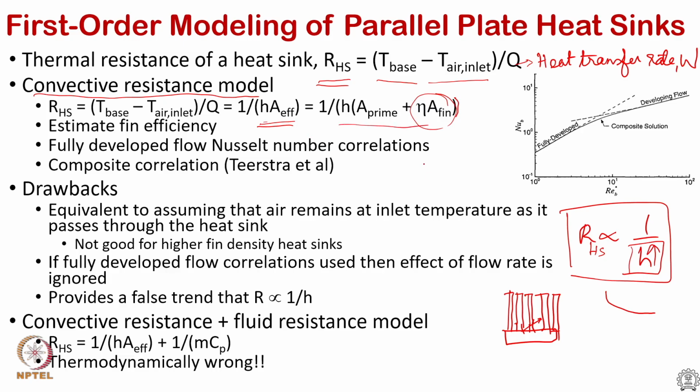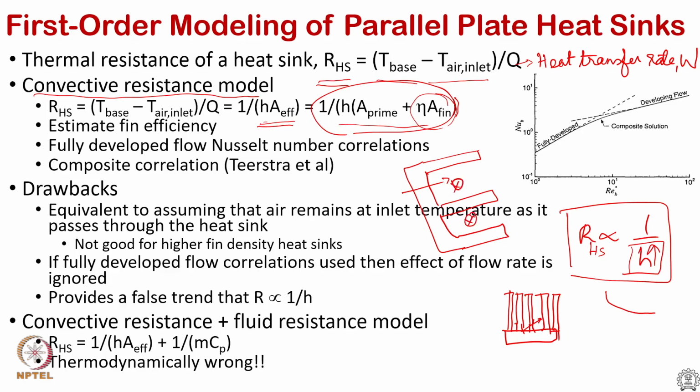But if the fins are far apart, and the separation between one fin and the other in the base of the heat sink is large, then this expression holds true, and we will discuss some aspects of it in the upcoming slides. So, the other model that is often used recognizes that there is some flow going through these heat sinks, into the page, for example.